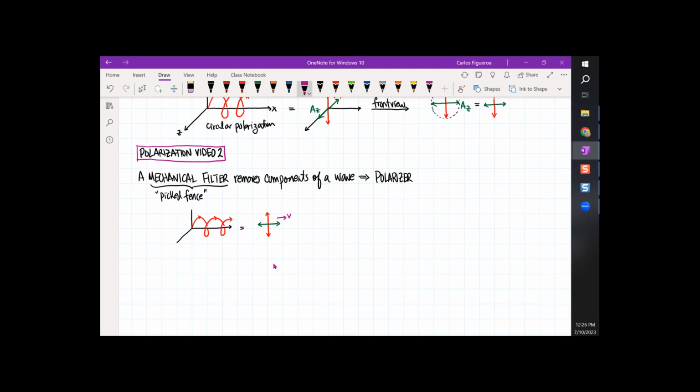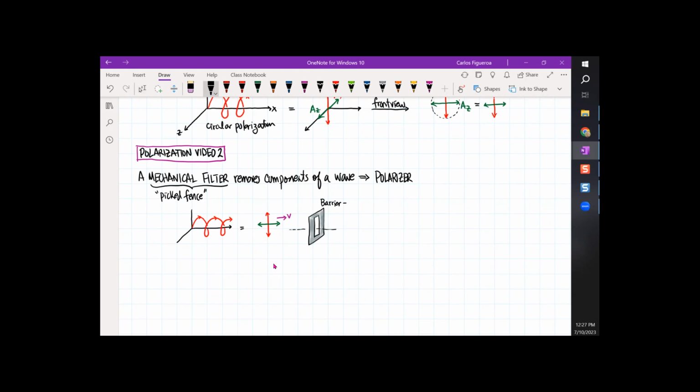And now what I'm going to do here is I'm going to construct a barrier or a filter or a polarizer. And so what you're seeing here is that you're seeing this here. So this is my barrier here. And so as this guy is coming through, what you're going to find here is that it filters out. So by the way, this is my barrier.